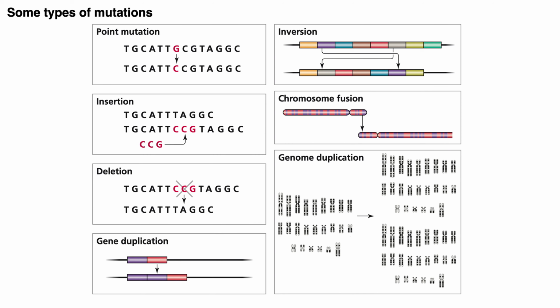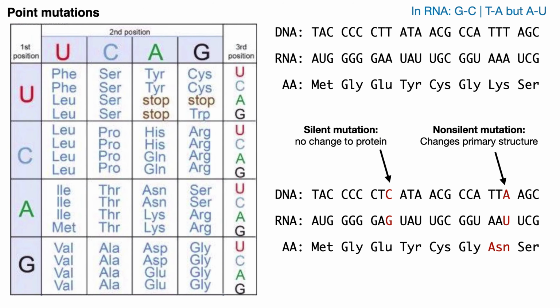Let me show you an example. Here there are some point mutations. We can see two different kinds. In the first position, where I change that cytosine into a guanine, we call that a silent mutation, because both GAG as well as GAA code for the same amino acid, glutamic acid.